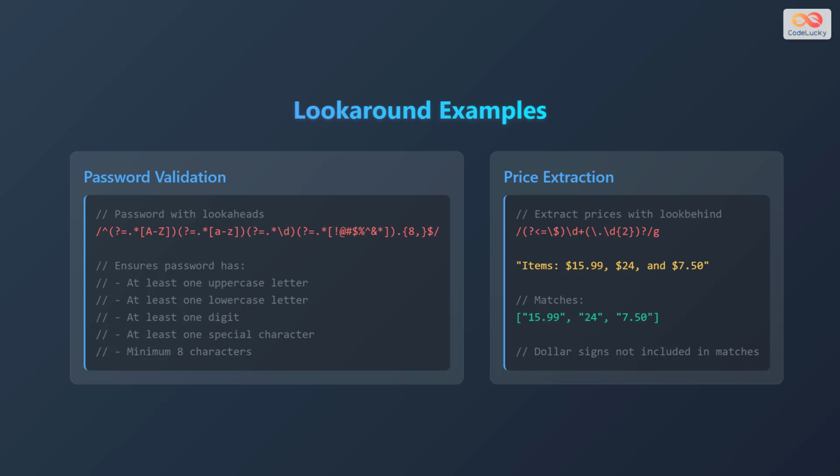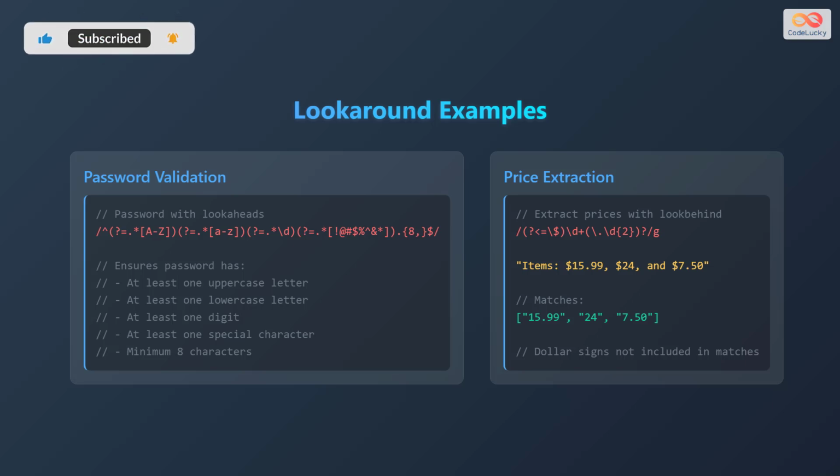The regular expression (?=.*[A-Z])(?=.*[a-z])(?=.*\d)(?=.*[!@#$%^&*]).{8,}$ requires that the password has at least one uppercase letter, at least one lowercase letter, at least one digit, at least one special character, and is a minimum of 8 characters long.